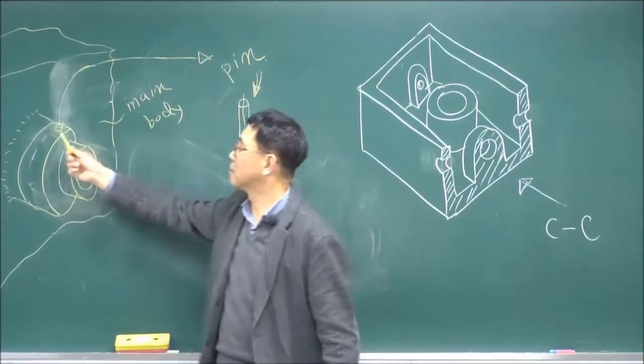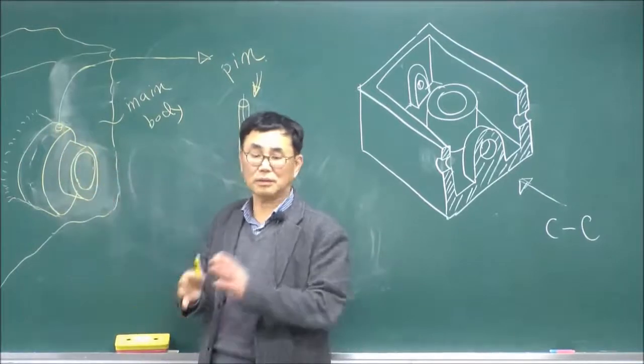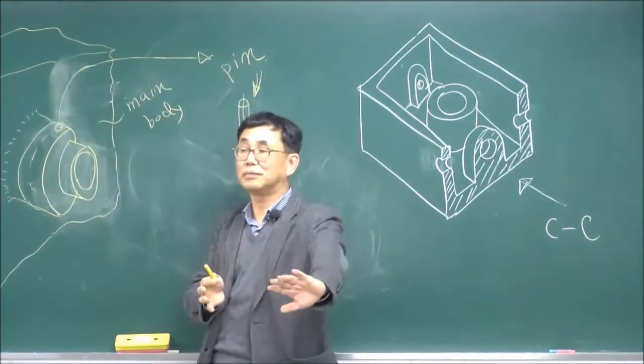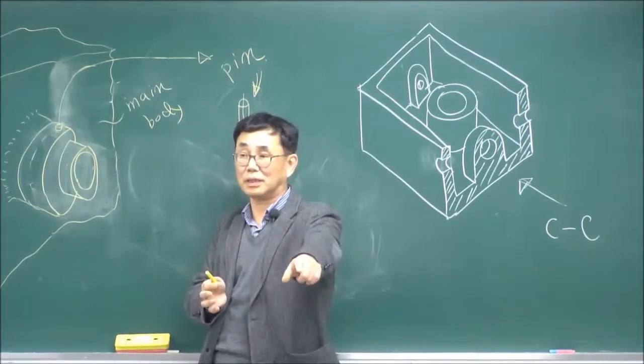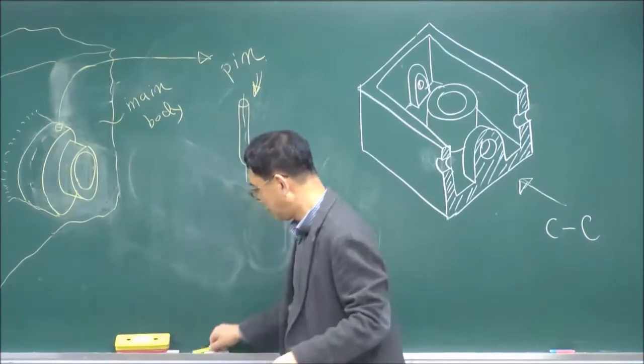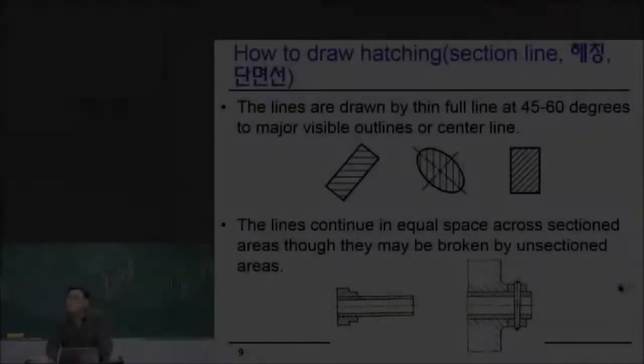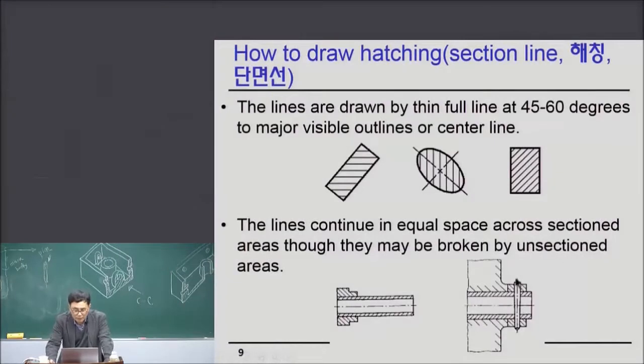This is a pin. This is drawn using the sectional view in the slide. I will go to the slide. Okay. Now this is a pin. You see? Now, a very important thing is that the pin is never hatched. No hatching line on it.